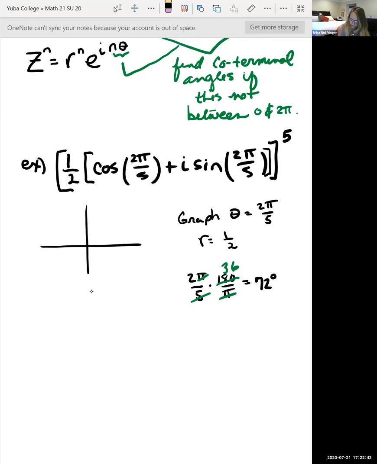I'll leave it in 2 pi fifths, but I needed to know which quadrant I was going to fall in. So we have an angle of 72 degrees, or 2 pi fifths.